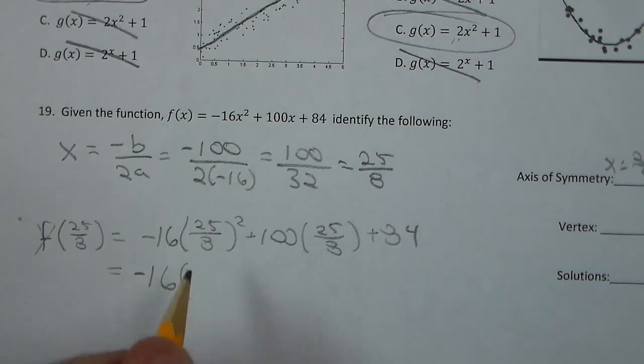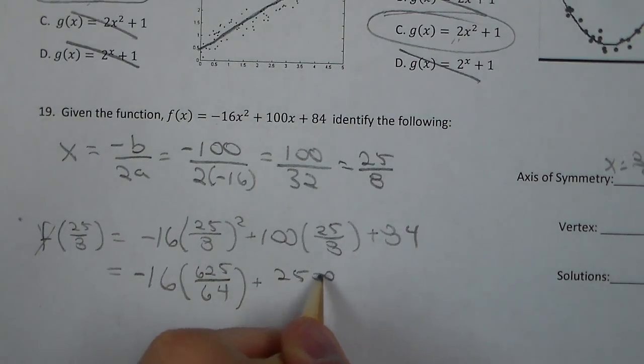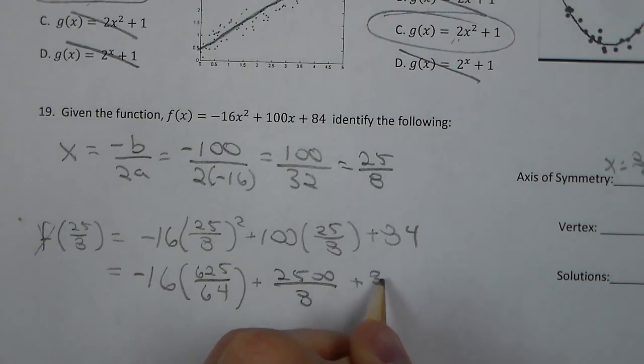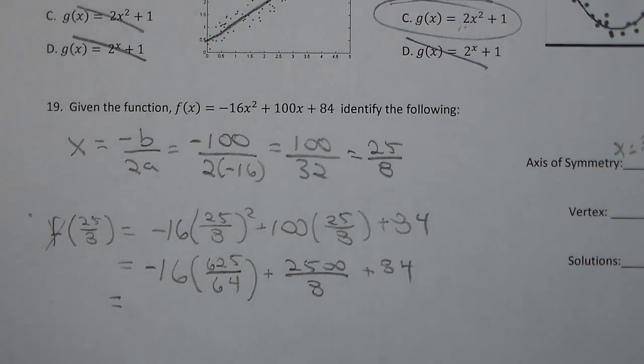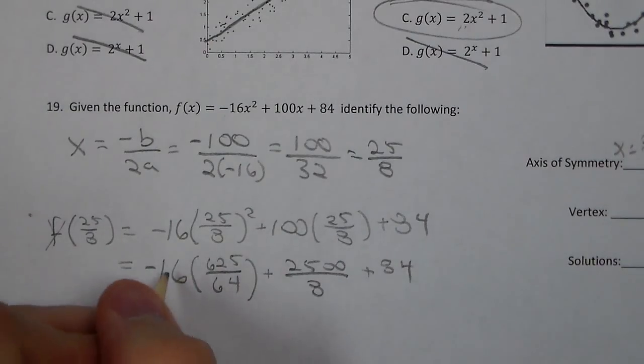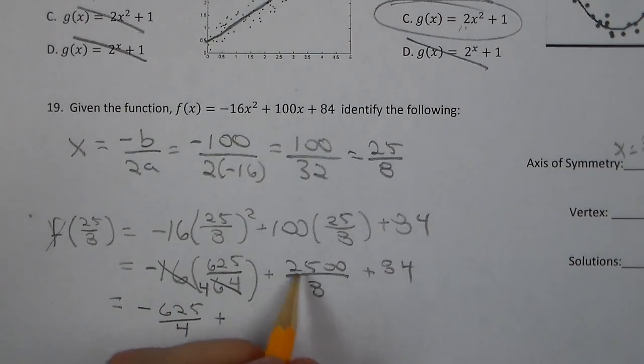So now we have negative 16, 25 squared is 625, and 8 squared is 64. 25 times 100 is 2500 over 8 plus 84. Looking here, I can divide 64 by 16, which makes this into a 4. So this is negative 625 over 4. I can also divide this one to become 1250 over 4.